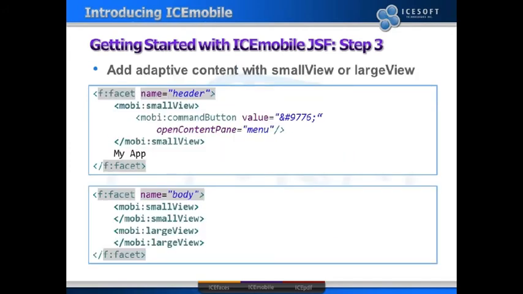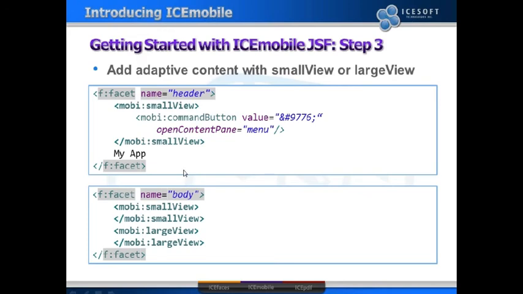So how do we adapt to small views and large views? Well, we have a few other components that help you with that, called small view and large view. These are simple components that will render only to the target device. So for instance, in the header, for mobile handheld users on phones, I might want to show a nice menu button up in the header in the top left-hand corner that you often see on mobile apps.